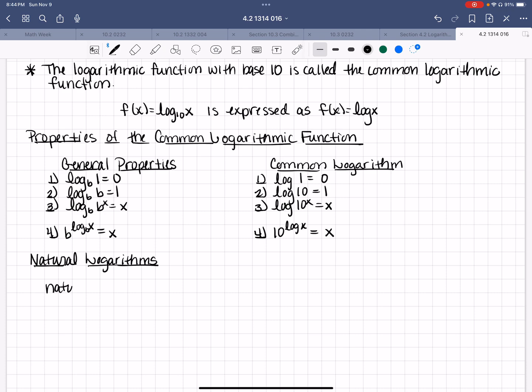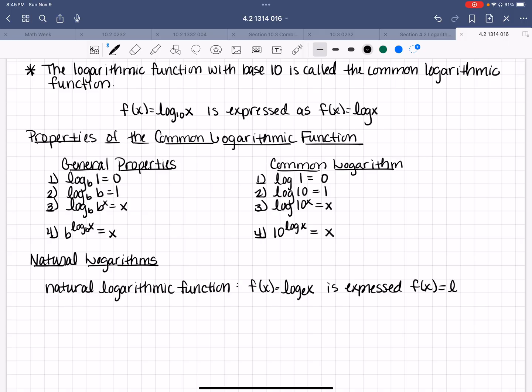My natural logarithmic function is f of x equals log base e of x, but we don't write that. It is expressed as f of x equals ln x. Okay? And that's natural log of x, but we write that as ln x.